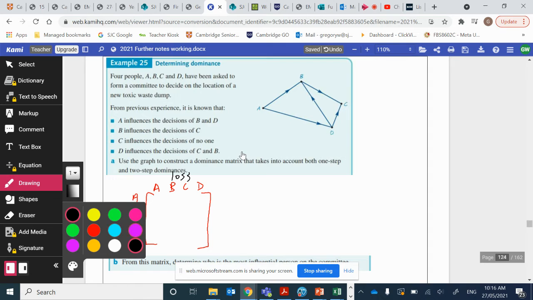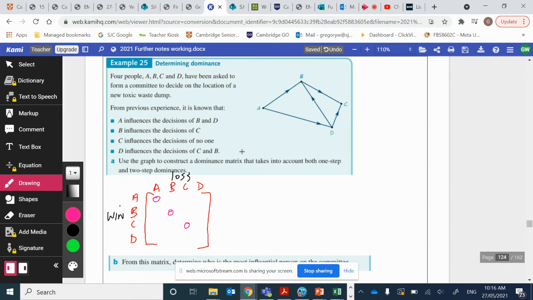So we go through and we put that in. We always have zeros down the diagonal because you can't beat yourself. A beat B. A didn't beat C. Oh, this isn't dominance. Oh yeah, it is. Okay, and we have a 0 here, and A beat D. So this is influence, but it's the same principle.